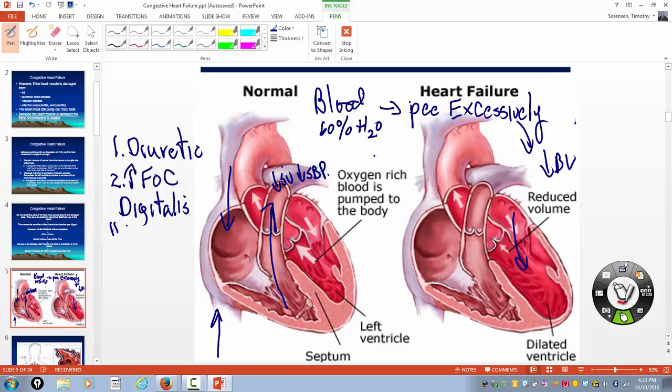I put together a video called the Mechanism of Action of Digoxin, digitalis, right? And why digoxin is given to patients with congestive heart failure.